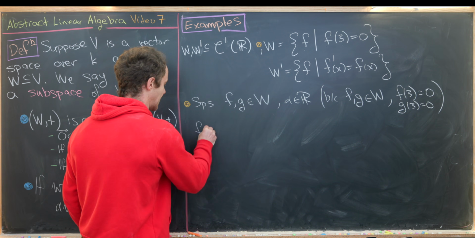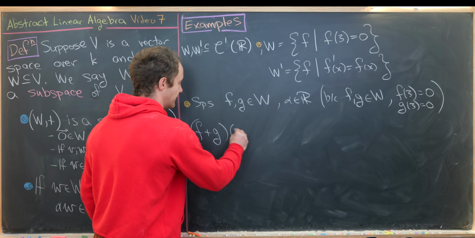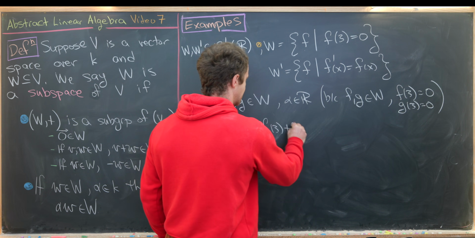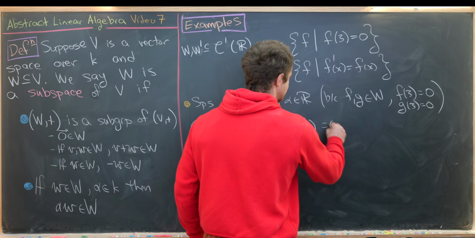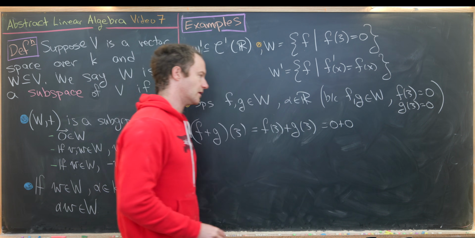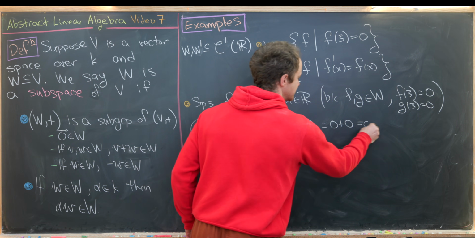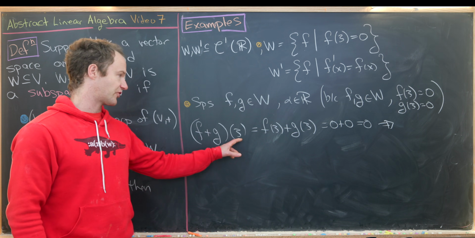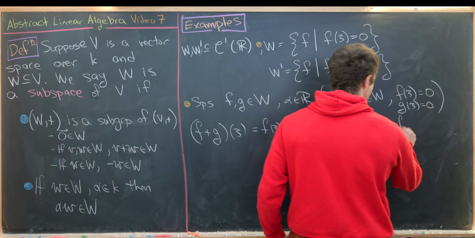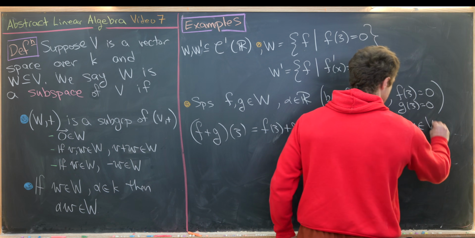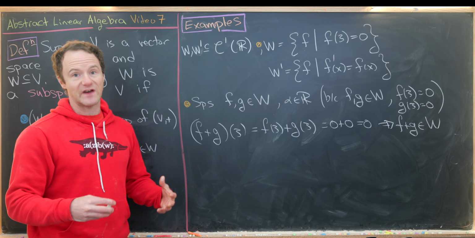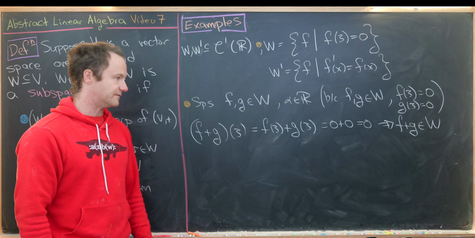So now let's look at f plus g evaluated at 3, but that's exactly f of 3 plus g of 3, which is equal to 0 plus 0, which is equal to 0. But if we evaluate f plus g at 3 and get 0, that means that f plus g is in W. That means that W is closed under our vector addition, which is addition of functions here.